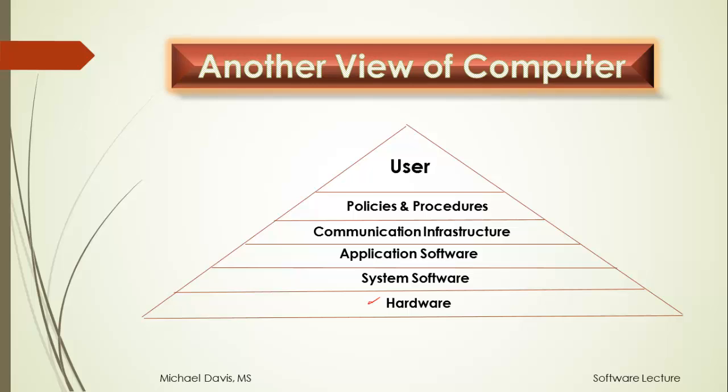But by themselves, they are not particularly useful. In order to function, there must be software that actually runs those devices. And the software that actually runs the hardware on a computer is called system software.